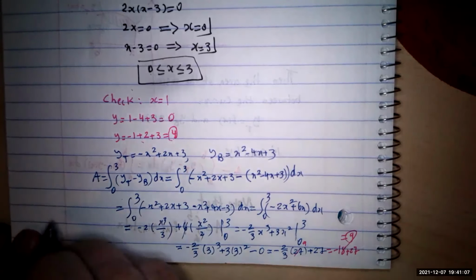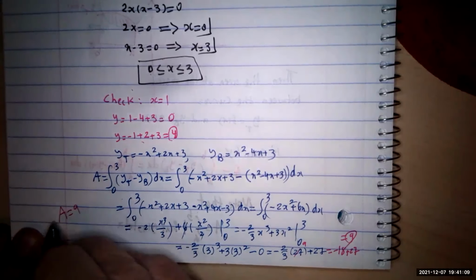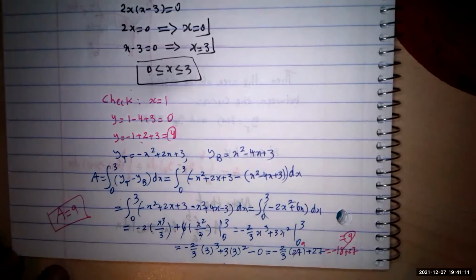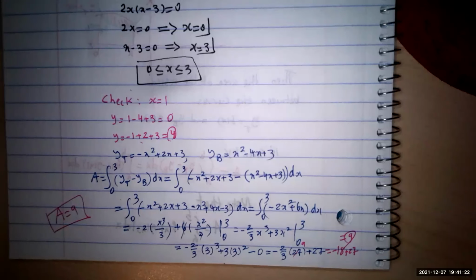So the area between these two is going to be 9. There is no unit, but if there happens to be a unit, it is going to be squared. So that gives you the area between these two curves. Any question? So that's going to be the one.